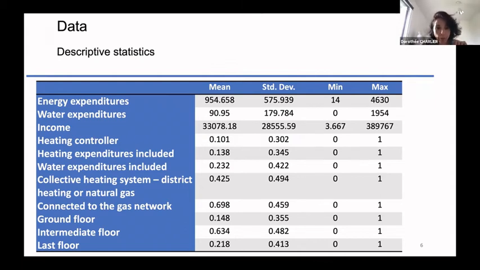In France, nearly 14% of households have heating expenditures included in their utility bills, and we have the same phenomenon for water expenditures. It represents 23%.